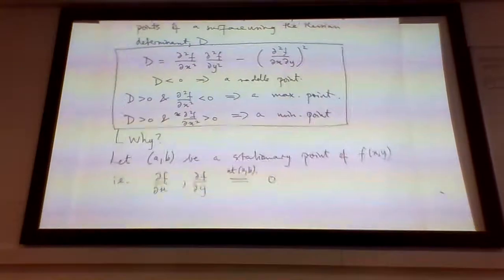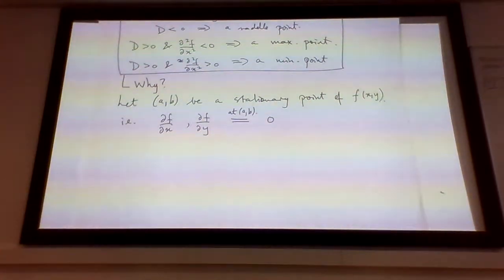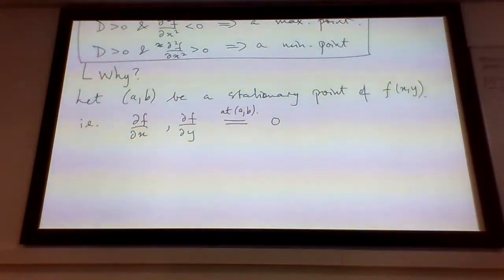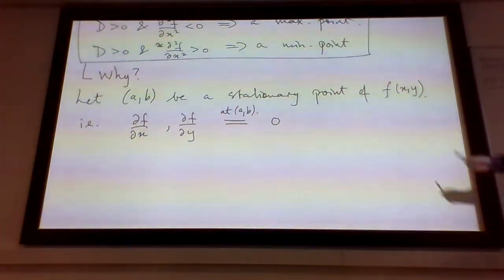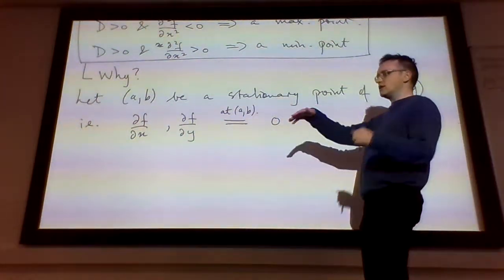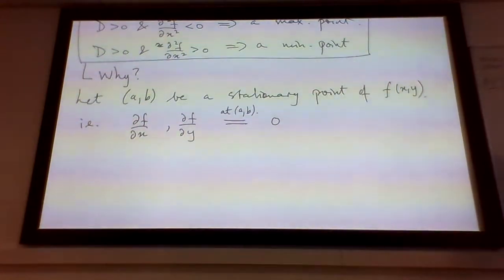When you evaluate the two first-order partial derivatives at (a, b), they're both equal to 0. Okay, that's how we find the stationary points. They're the solutions. And we can understand that because the first-order partial derivative tells you the slope of the surface in the x direction or the y direction at that point. So if both slopes are 0, that means the tangent plane is exactly horizontal. So it's going to be one of these stationary points, a minimum, maximum, or a saddle point.